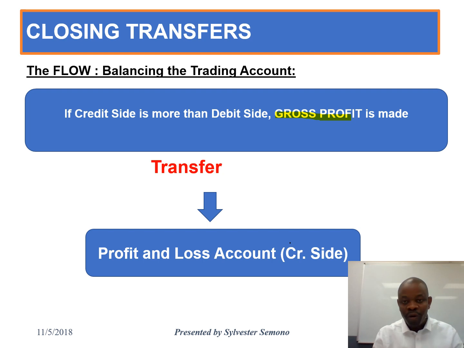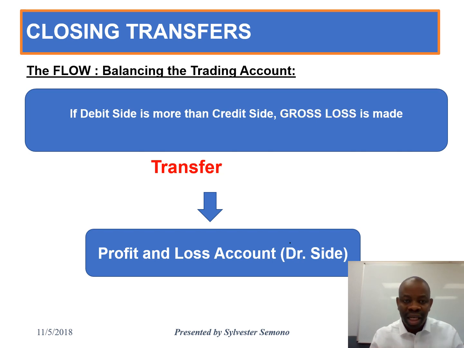Remember, the gross profit is also an income. Under the profit and loss, all the incomes must be on the credit side and all the expenses must be on the debit side. So the gross profit will always be under the profit and loss, under what? Under which side? On the credit side, because it's also an income. But what about the situation where we made a loss?